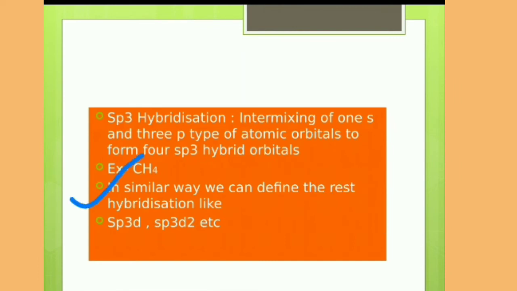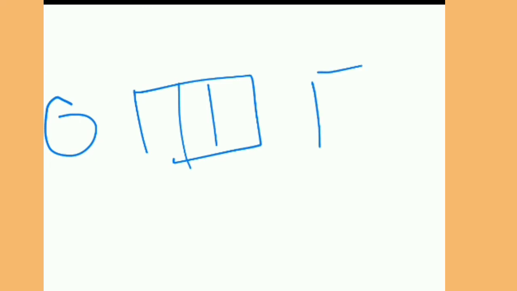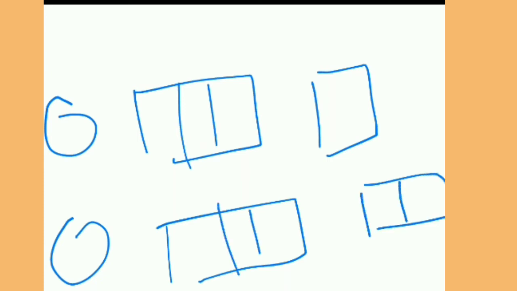In a similar way, we can define the remaining hybridizations like sp3d and sp3d2. In the case of sp3d, there will be intermixing of one s, three p and one d atomic orbital, and in the case of sp3d2, there will be mixing of one s, three p and two d atomic orbitals.